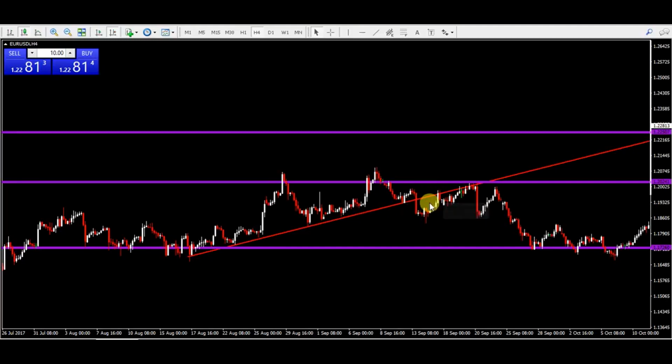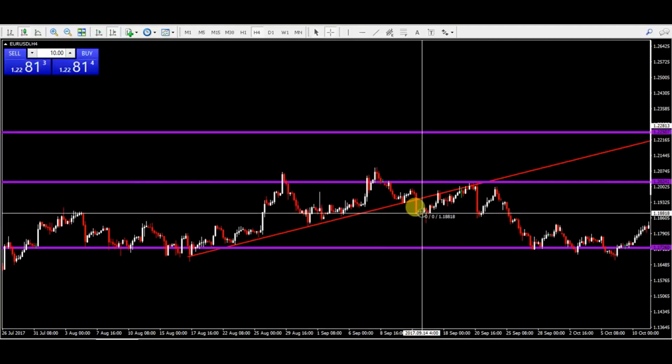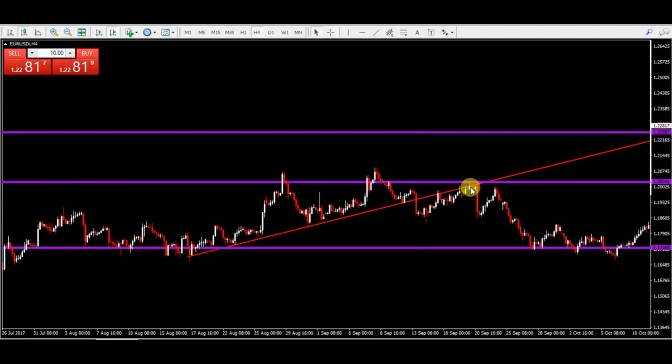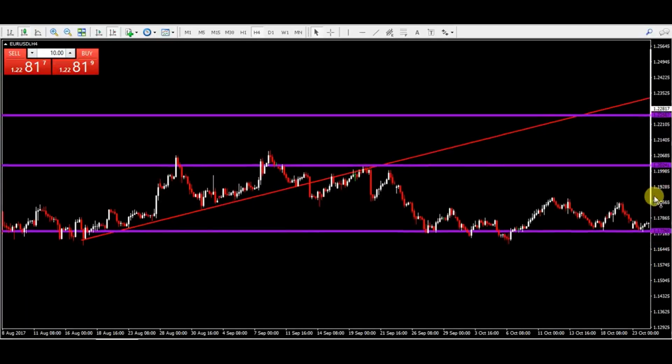So we still are only looking for shorts in this area, even though after that 4-hour candle closure below the trend line, it rallied for a good 120 pips for a few days. We know overall we're still looking for shorts because these rules were met. Trusting the process.